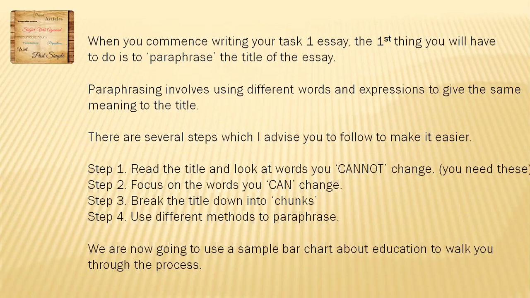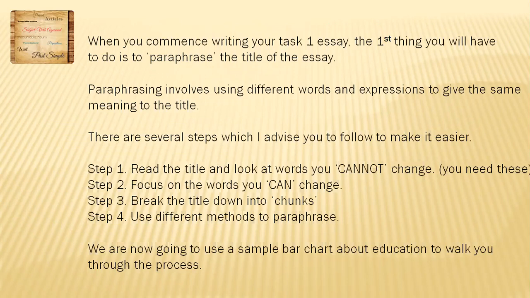So I have several steps that I give students to use, and we're going to look at them now. There are several steps which I advise you to follow to make it easier. The first thing is to read the title and then look at the words you cannot change because you have to use them.